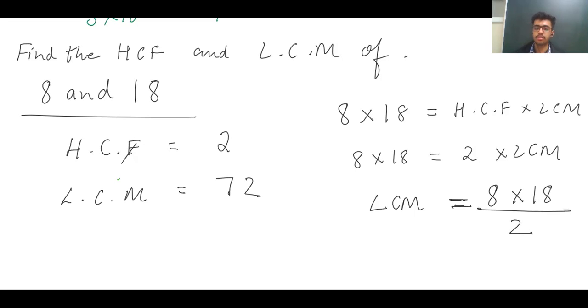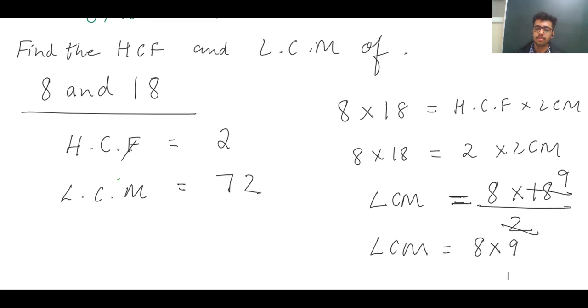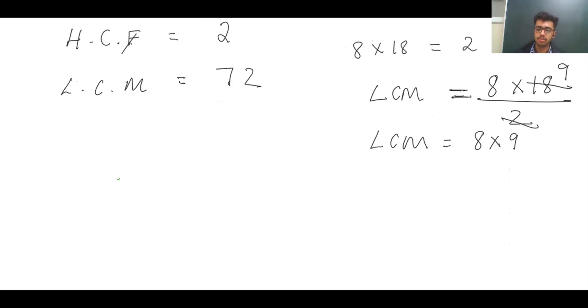So now I can cancel it out: 2 1s are 2 and 2 9s are 18. So LCM is equal to 8 into 9, that is equal to 72. So instead of finding it out, I can just use the formula. That is where it comes in handy.